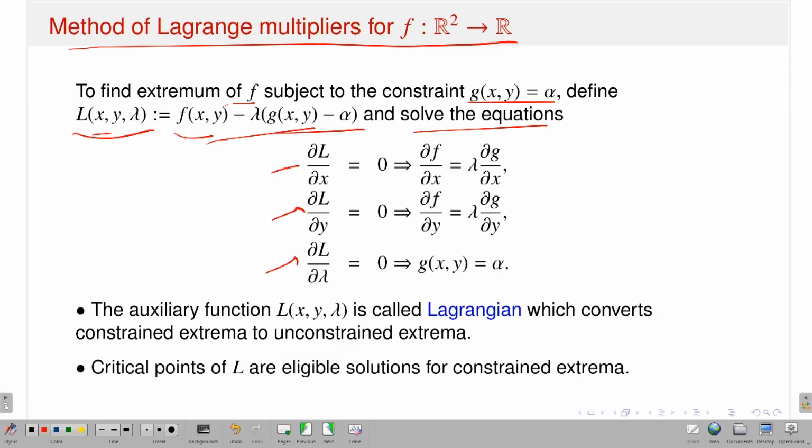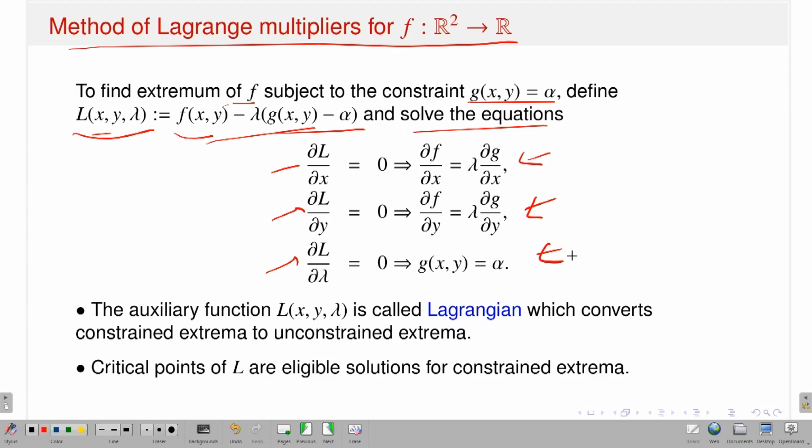If I want to extremize some function and find the critical points, you just calculate the first order partial derivatives, equate them to 0, get a couple of equations and solve them. Exactly the same thing I am doing. I start with the two variable functions f and g, introduce a new auxiliary function, and equating the first order partial derivatives to 0 gives rise to these three equations.